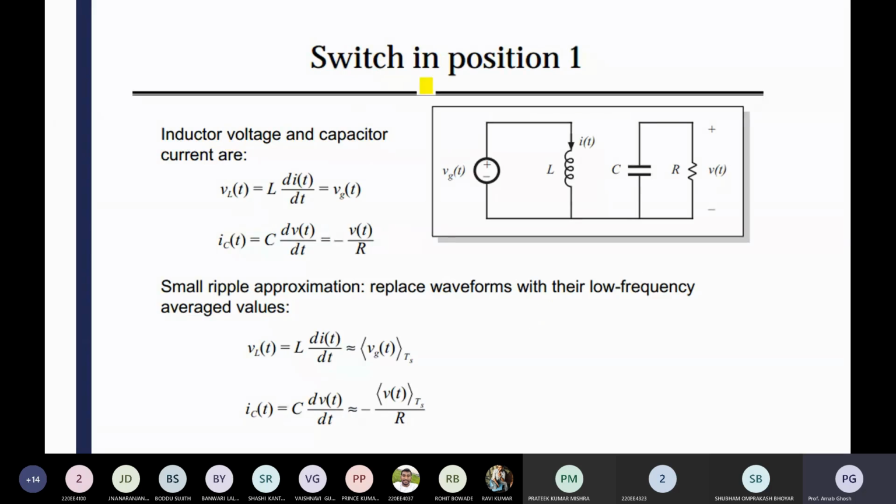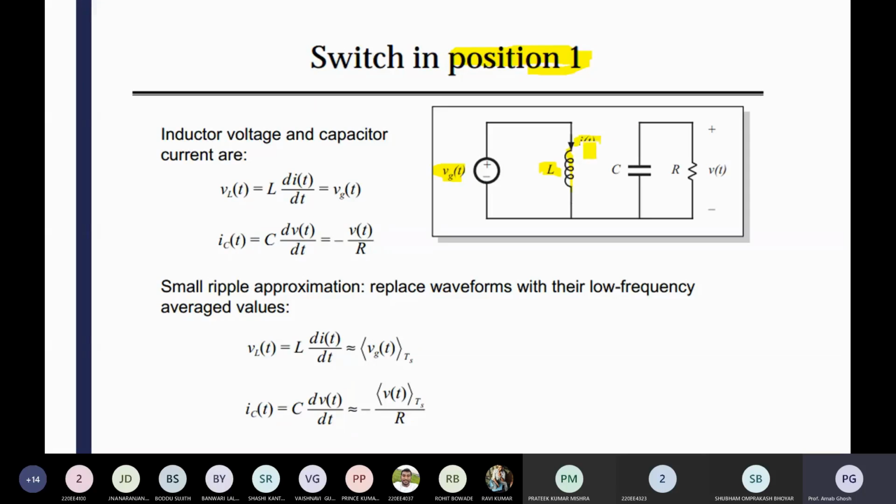Here we can also observe the different switching conditions. When the switch is in position 1, as I told you, the MOSFET switch is on. At position 1, energy is stored from your input side into the inductor L. That is the additional energy stored over here.